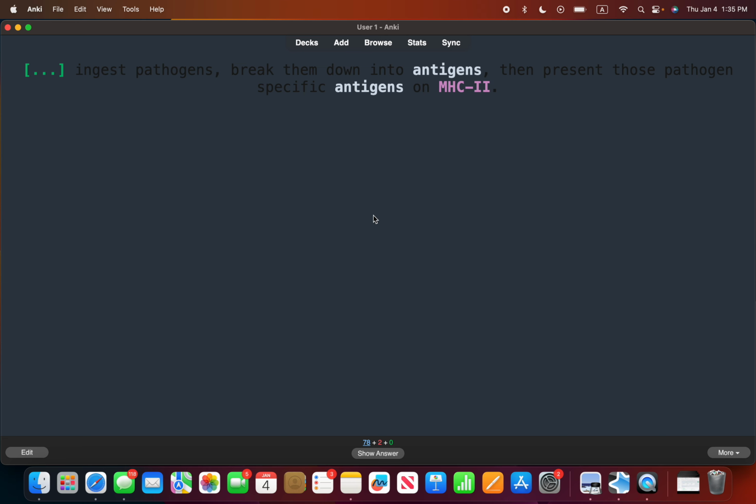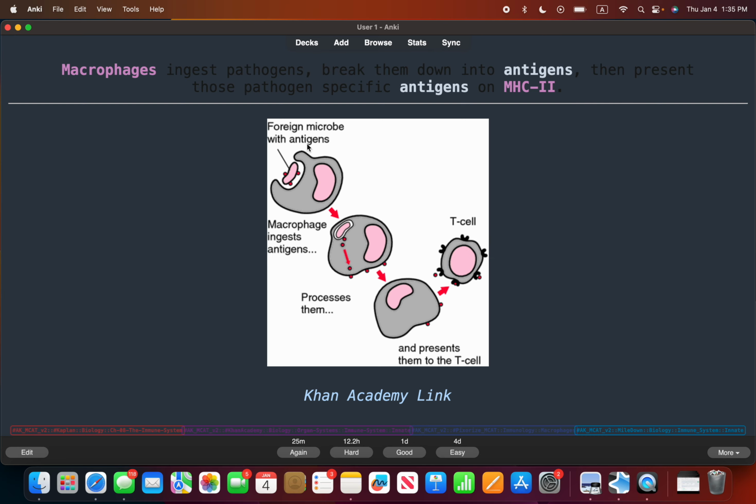What ingests pathogens, breaks them down into antigens, then presents those pathogen specific antigens on MHC2? It's macrophages. So macrophages ingest pathogens, they break them down into antigens, and then present those pathogen specific antigens on MHC2.